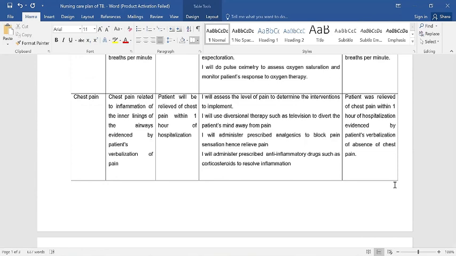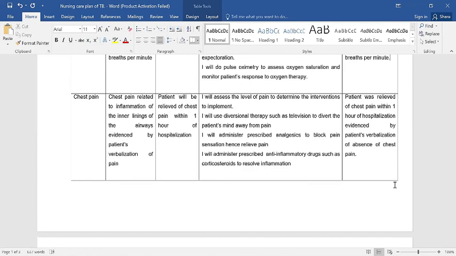So you find that in our patients with pulmonary tuberculosis, they will experience chest pain. And this chest pain is simply because of the inflammation that is taking place in the lining of the airway, and also because the nerves are now being affected by this inflammation.